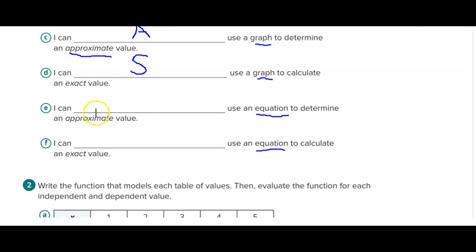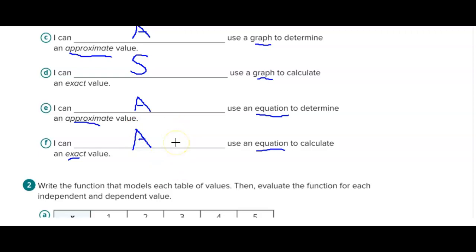So it seems as though we can always use an equation to get an approximate value, and we can also use an equation to get an exact value. So equations, you can get the approximate value and you can get the exact value.